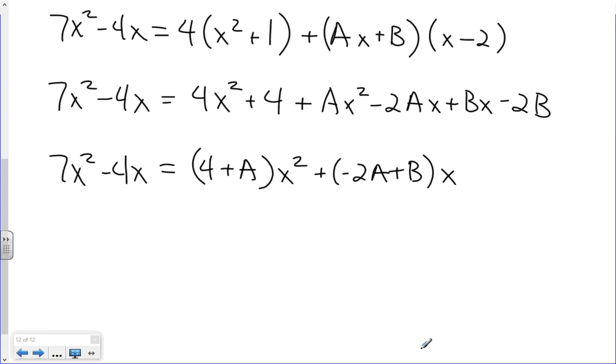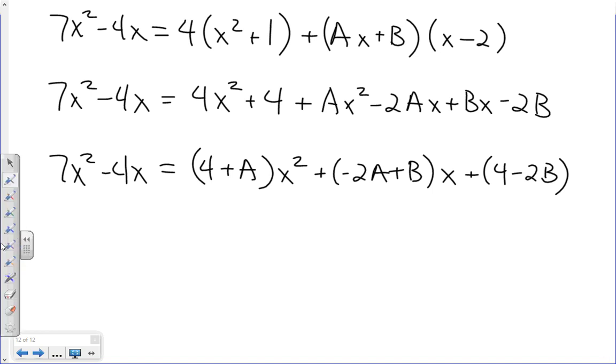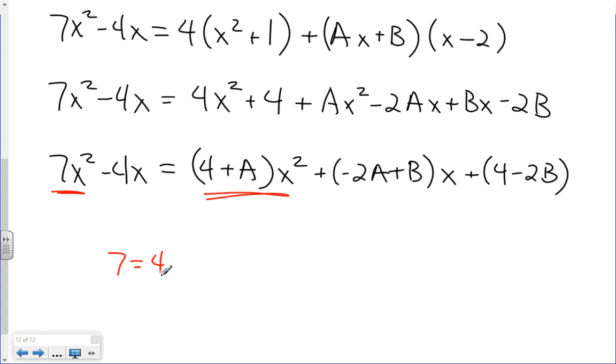And then for the constant, I've got a 4 and a minus 2b. Since that only involves one variable, that's going to make that really easy to solve for. So let's check out what we got here. I know that the 7x squared has to be the same as the 4 plus a times x squared. In fact, we can go ahead and write that out here and figure out what a is equal to right away. 7 is equal to 4 plus a. Subtract the 4, so 3 must be our value for a.